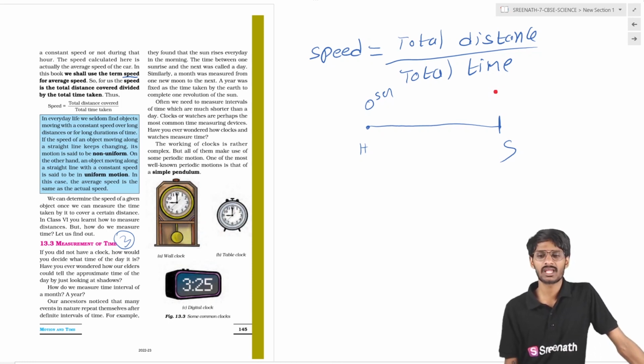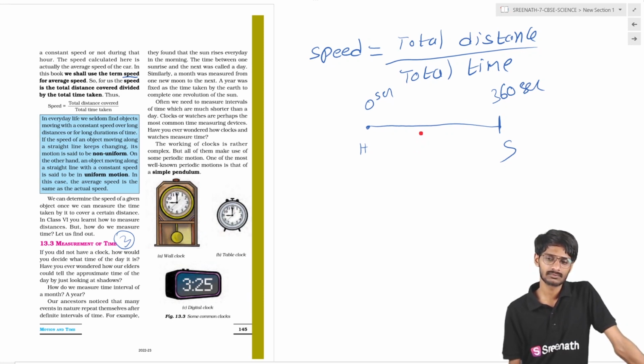I will write something as 360 seconds. So what is the total distance from house to school? Suppose it is 720 meters. If you write it in kilometers, 720 meters is less than 1 kilometer.